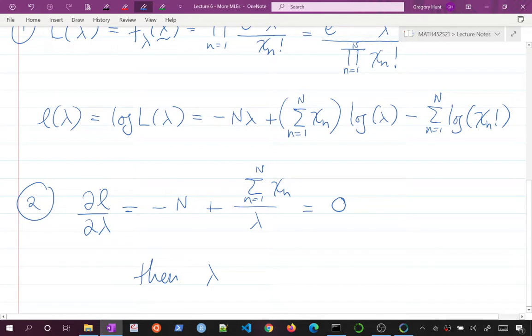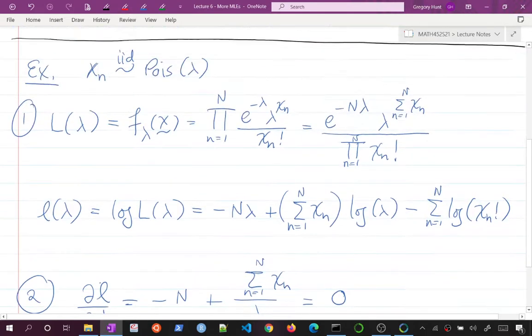So basically I'm solving this for lambda. What do I do? I move the n over, I multiply by lambda, I move the n back over, something like that. And what I would find is that lambda, or indeed our MLE lambda hat, is going to be x bar. That's the MLE for the Poisson distribution. It turns out it's just x bar, which is nice because it didn't have to be that way.